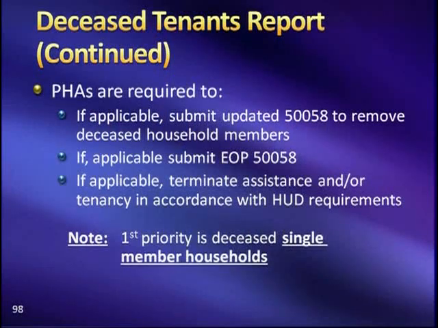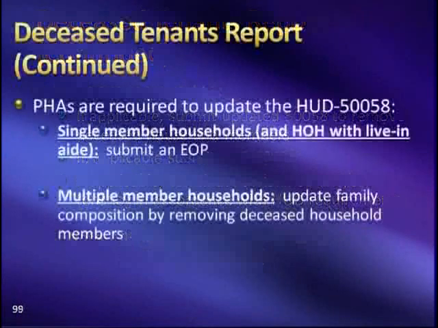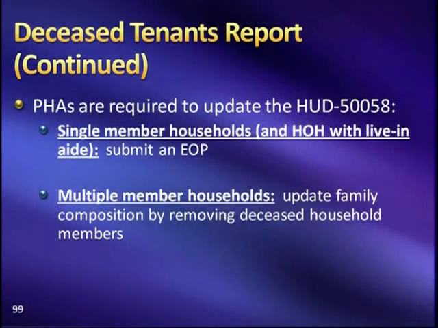And notice that your first priority is your deceased single member households. Now, do keep in mind, for your multiple member households that contain deceased individuals, notice on the next slide here, you're going to update the family composition to remove the deceased household members. For your single member households, you're submitting an EOP transaction. It's that simple. These are easy fixes.